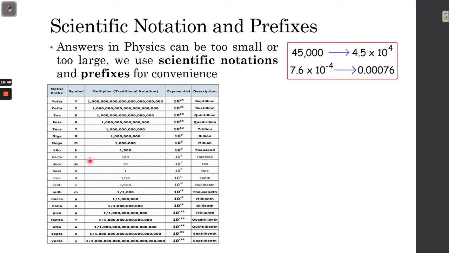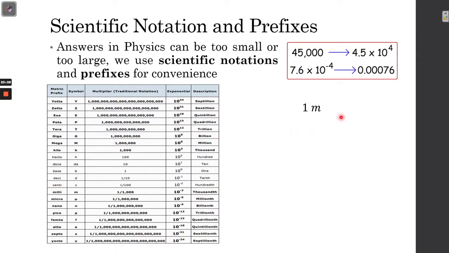Okay. Next is centimeter. Centimeter is a hundredth of the base. So for example, we have a base of 1. So 1 meter divided by 100 is 1 centimeter.